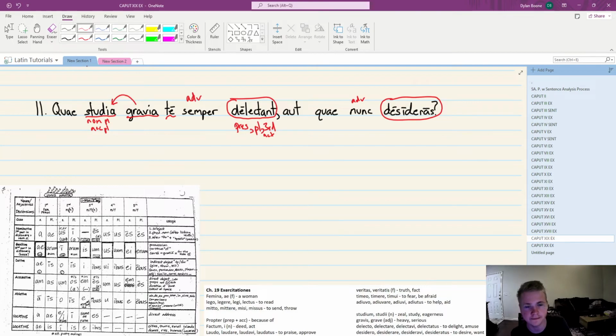Gravia means heavy or serious, important. Say serious, it's probably a good one. Te, we know, can be accusative or ablative. And that's it. So let's just say without the qui, the only thing here that could be nominative is the studia, so we'll take that as our nominative.